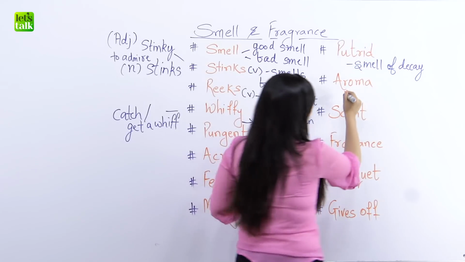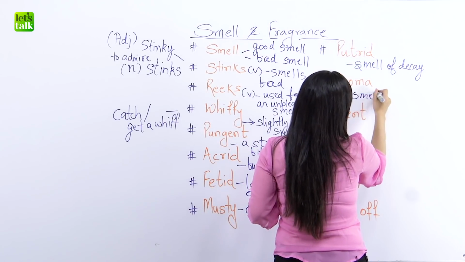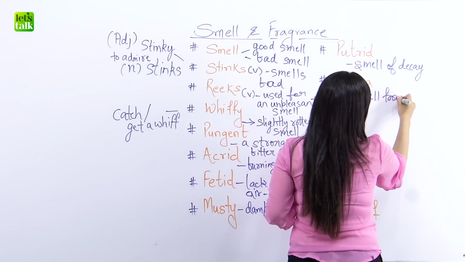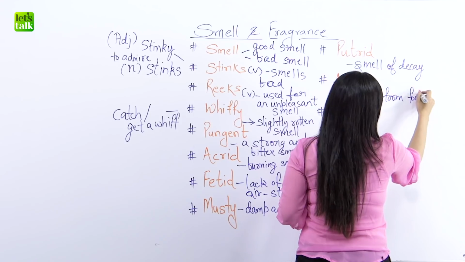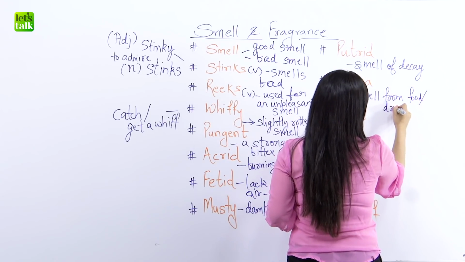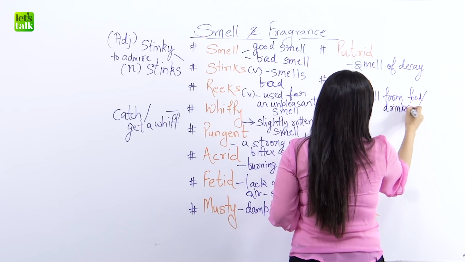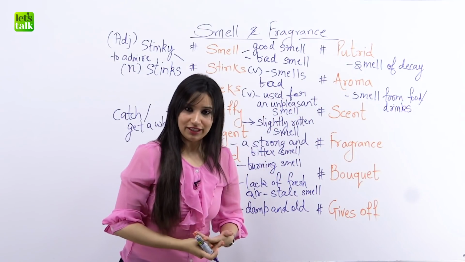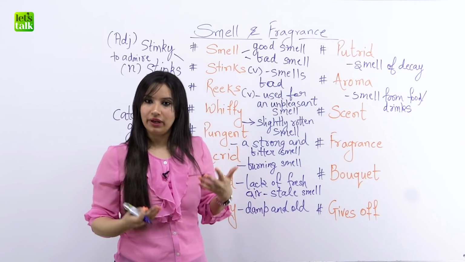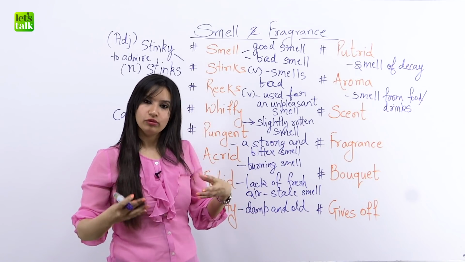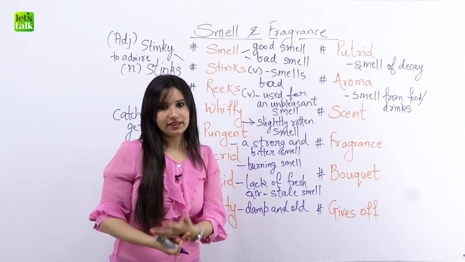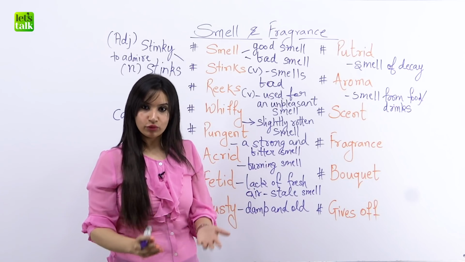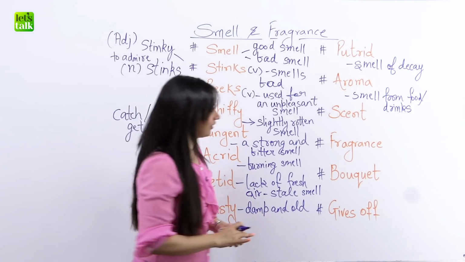So it's a smell from food or drinks. And if something smells very good, you could also say that the food smells aromatic, which naturally means that the food smells very good. Instead of saying that the food smells good, you could say that the food smells aromatic.